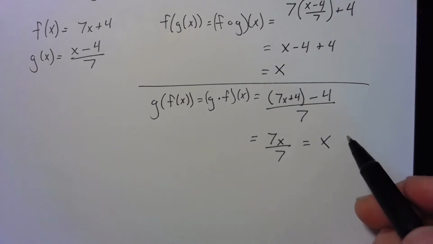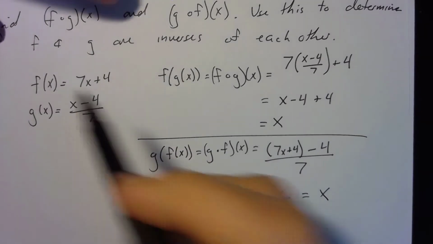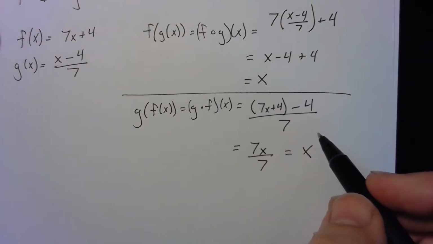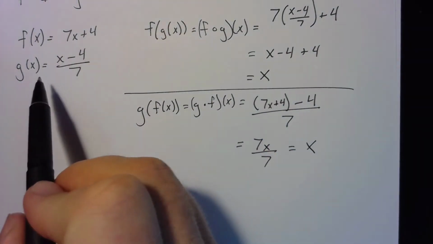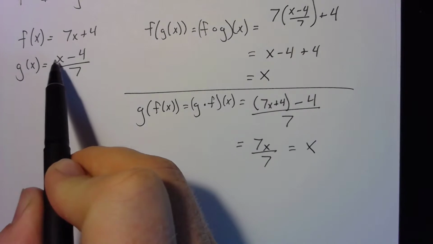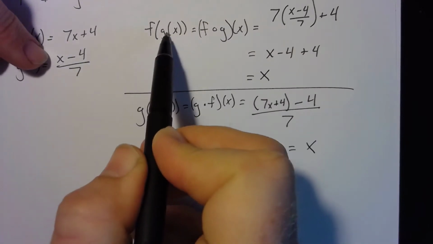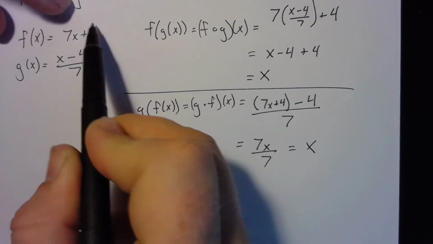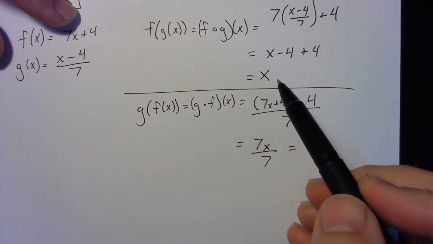So, in both cases, plugging f into g or g into f, you will end up getting x back. So the idea here is this. If for g, I were to take x and plug it in here, so say I were to take 2 and plug it into this function, then whatever I get back from g of 2 goes into f, and when I simplify this, that's going to give me back the original x value.